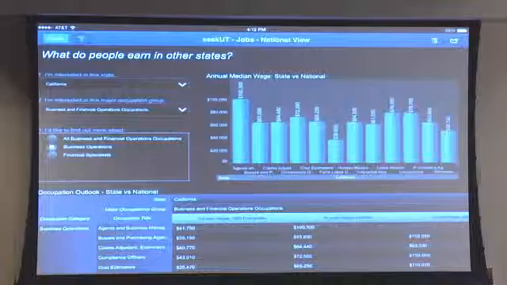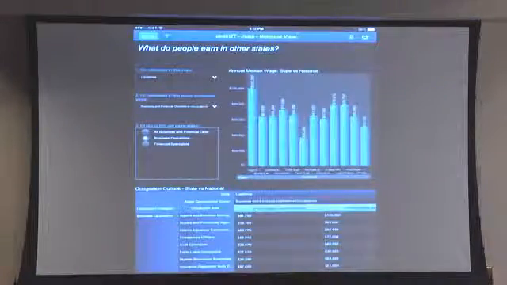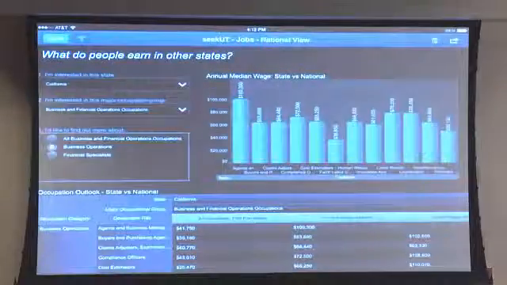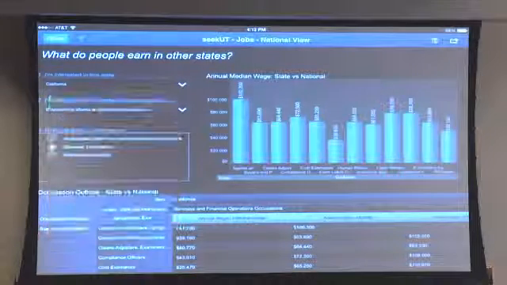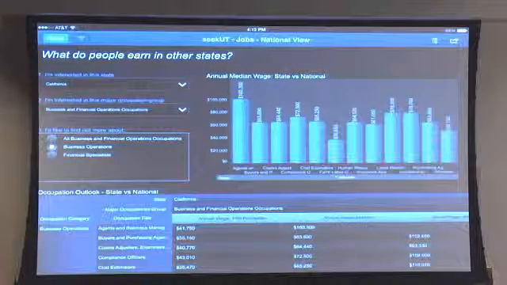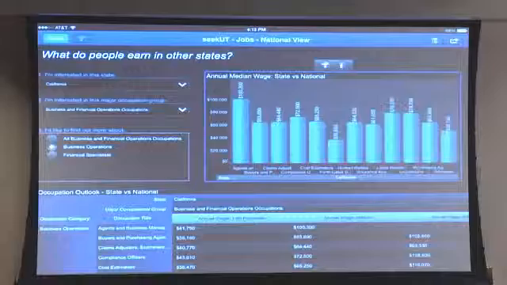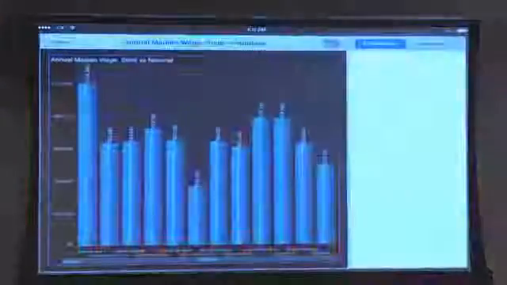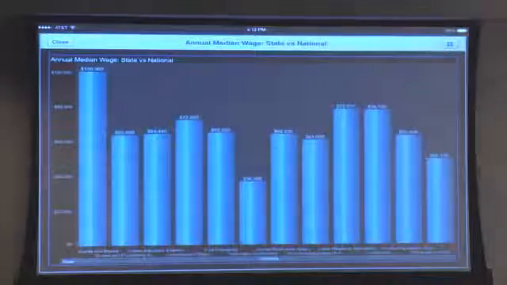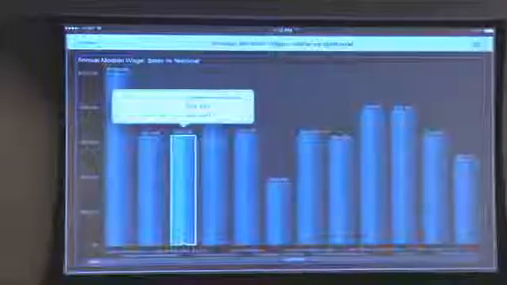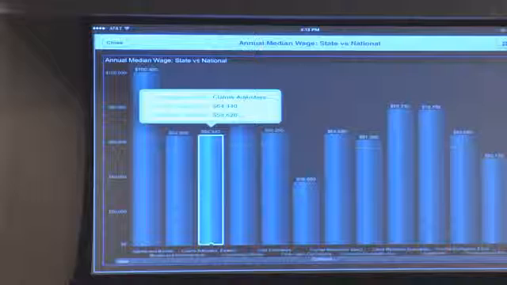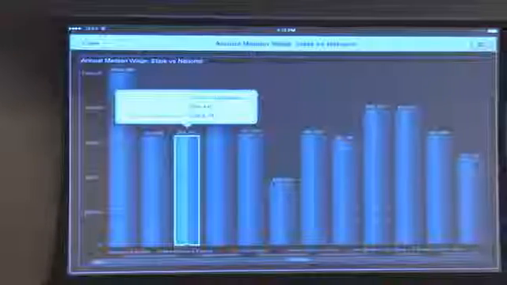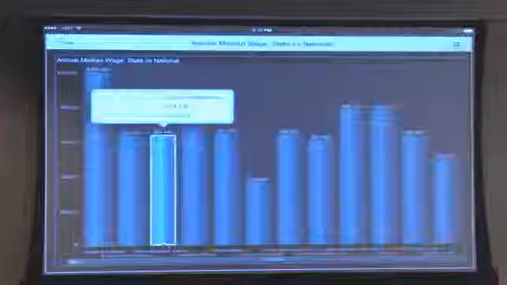So, if people are interested in moving, it's not necessarily our actual graduates, but, let's just say you're interested in moving to California and you want to work in business operations. Let's look at claims adjusters. The national median is $58,000 and the California median is $64,000.